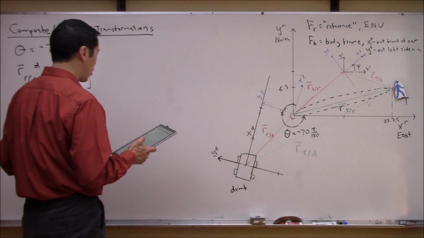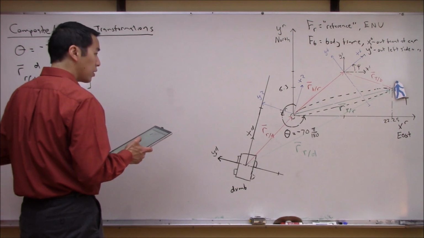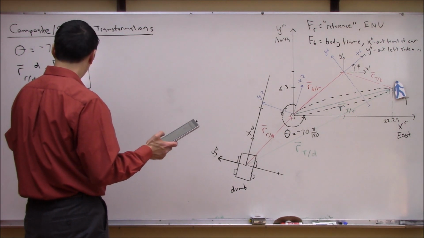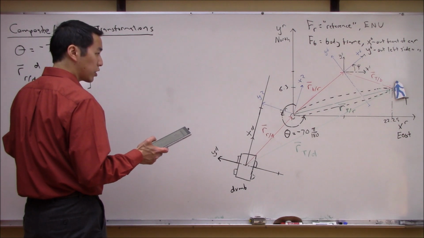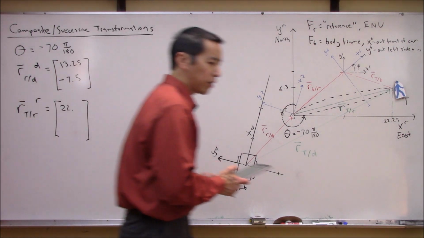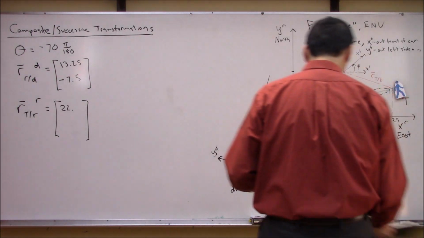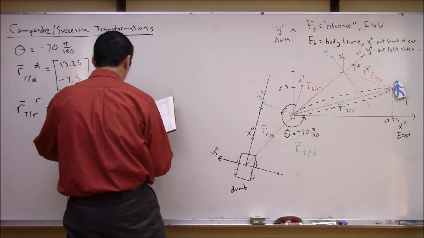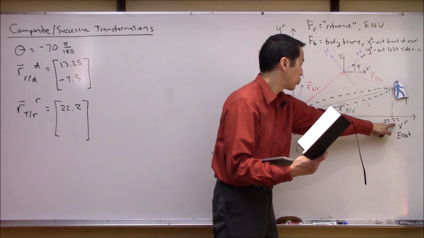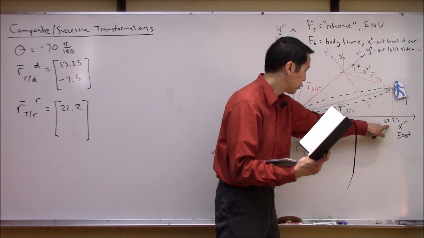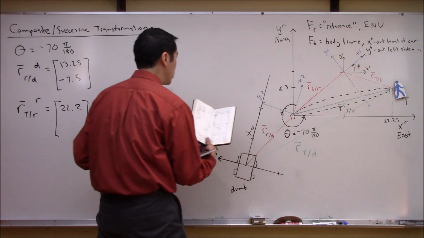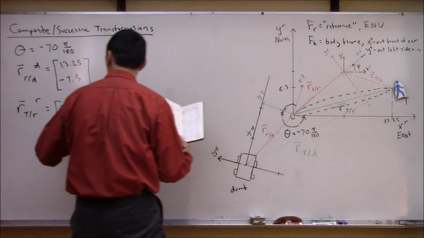Expressed in the R frame. This was, what was it? It was 22 point, oh gosh, I forgot the exact number. We calculated it, but it was 22.2. Oh, actually, yeah, here, look, we measured it. That was our measurement. We said it was shockingly close to what we calculated. So 22.2, and then here, it was 6.3.